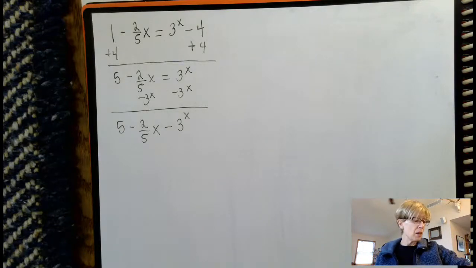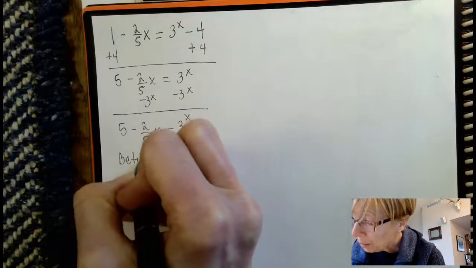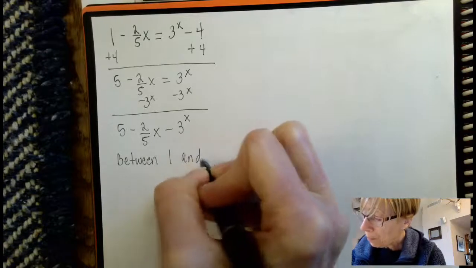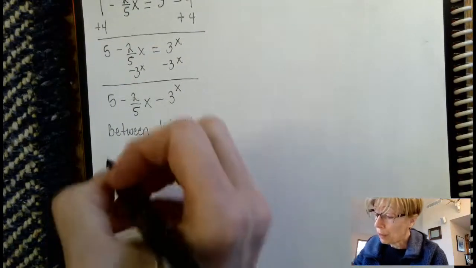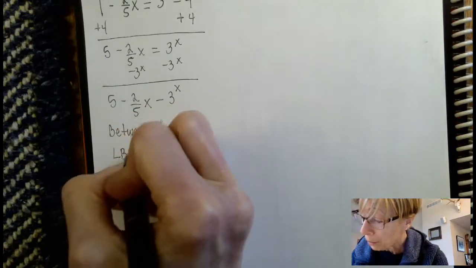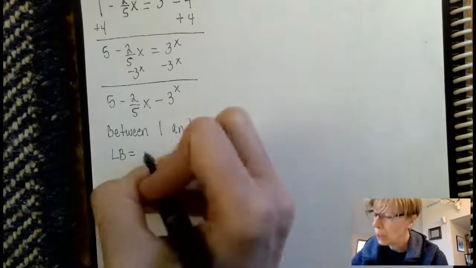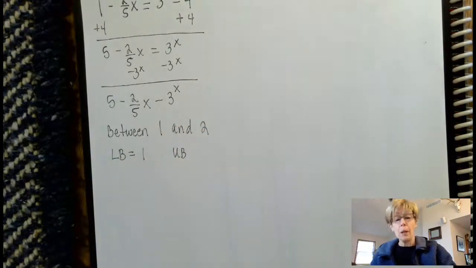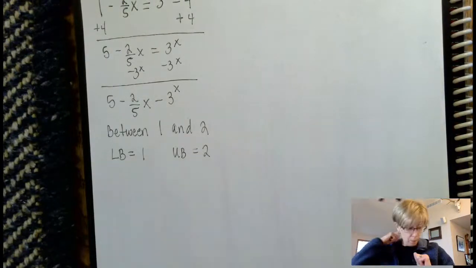And what we see in our graph is that our answer is going to be between 1 and 2. And what that means for us is that our lower bound, I'm going to abbreviate that as LB, is 1. And our UB, our upper bound, is going to be 2.